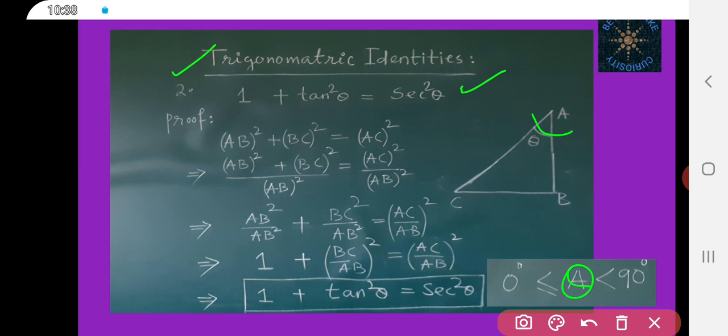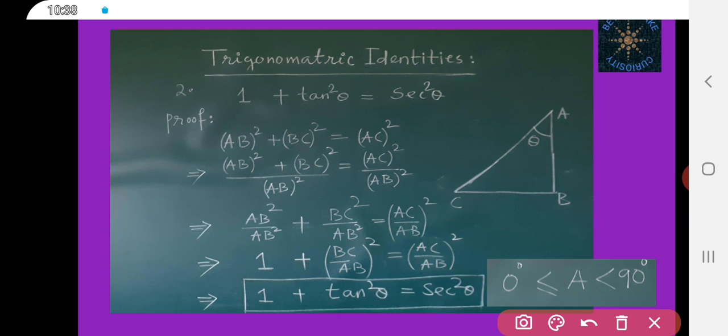Okay, theta is equal to 0 degree, and theta lies between 0 degree and 90 degree. All the values of theta lie between 0 degree and 90 degree and theta is equal to 0 degree. This equation is satisfied.